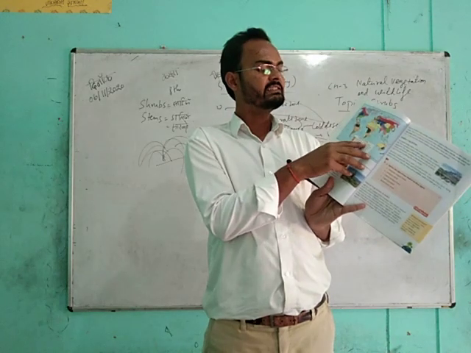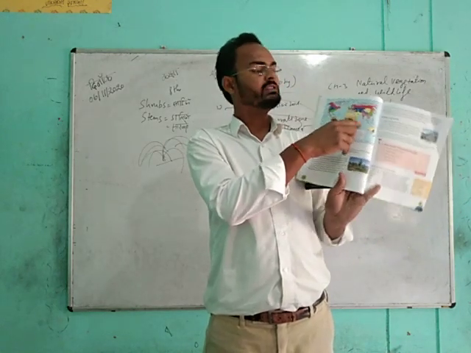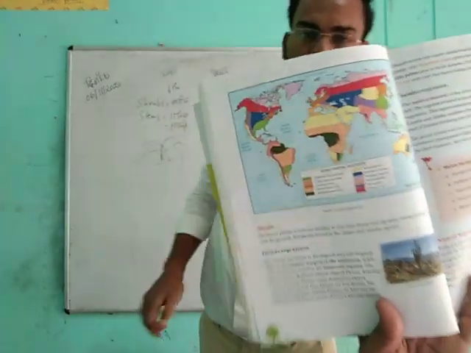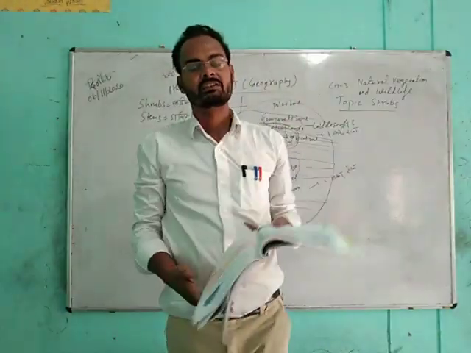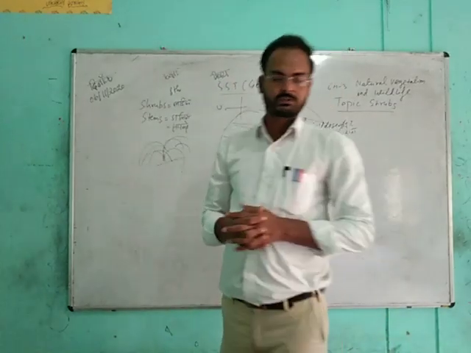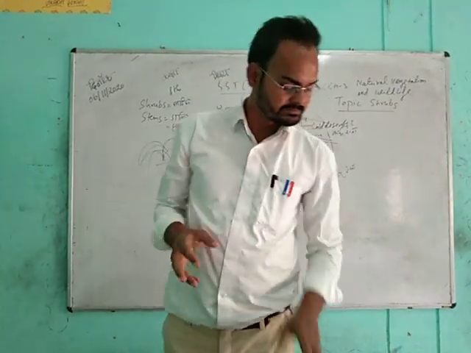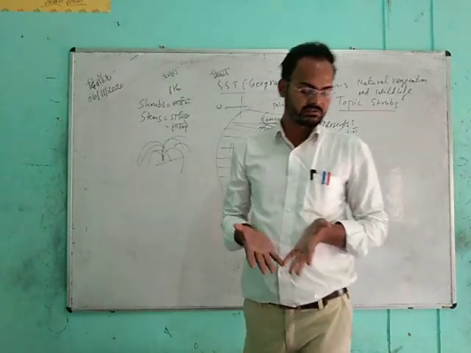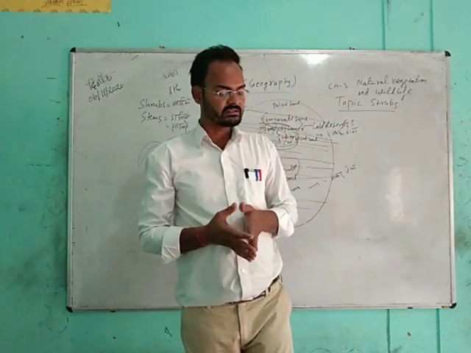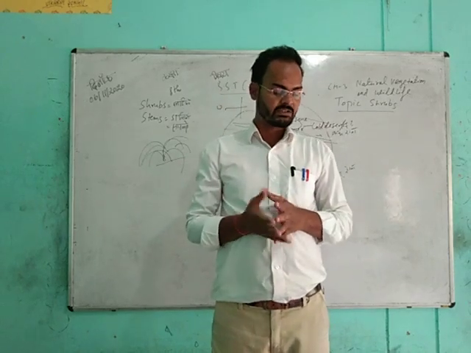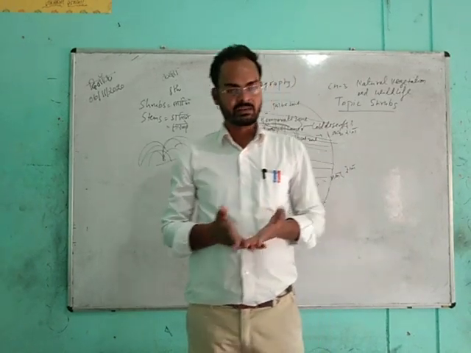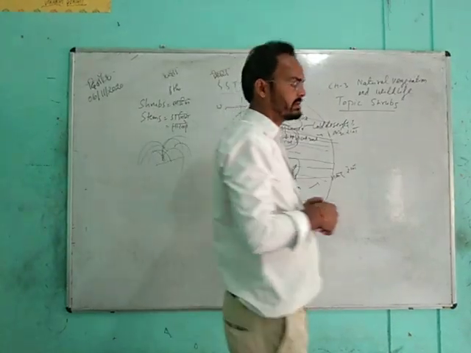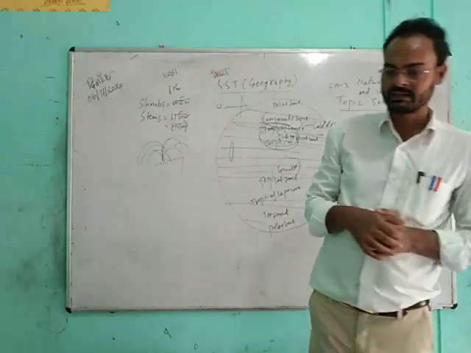The yellow color is of desert vegetation. We see the Sahara Desert in Africa. Kalahari is also in Africa, Namib and Atacama and Sonoran, Australian Desert in Australia, Arabian Desert in Saudi Arabia, and Thar Desert in some part of India and some part of Pakistan and Afghanistan.